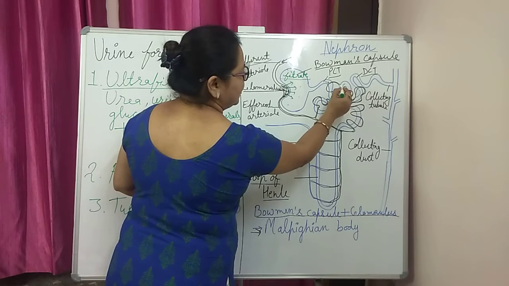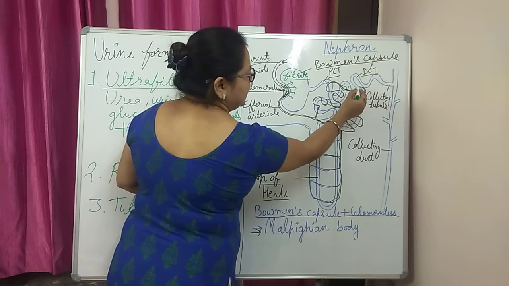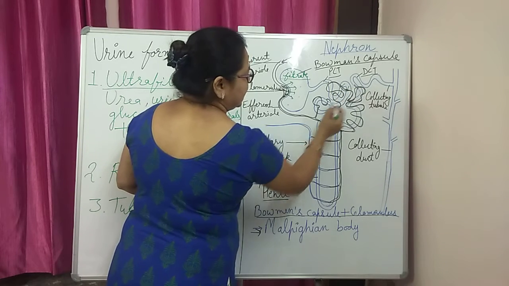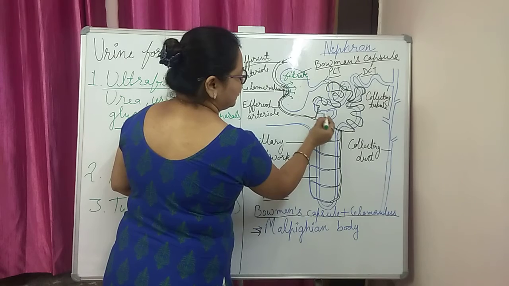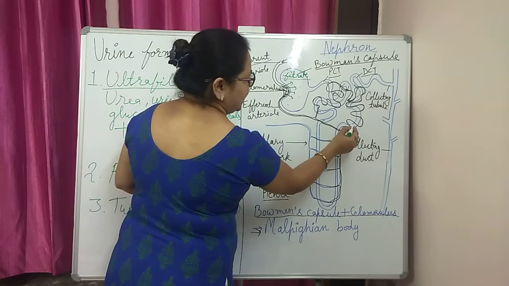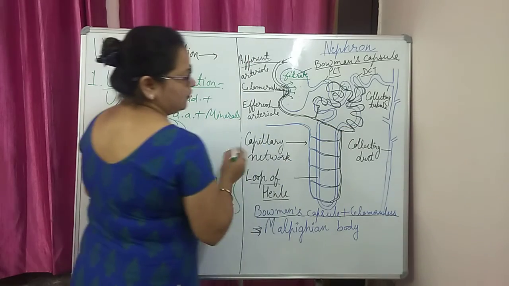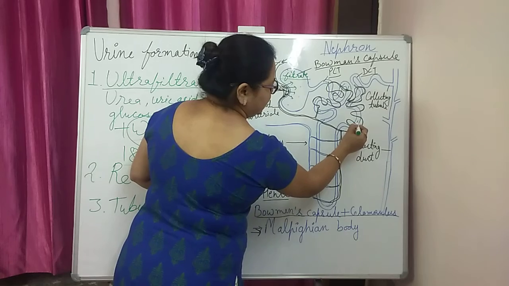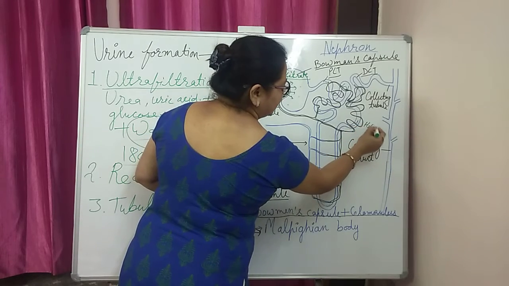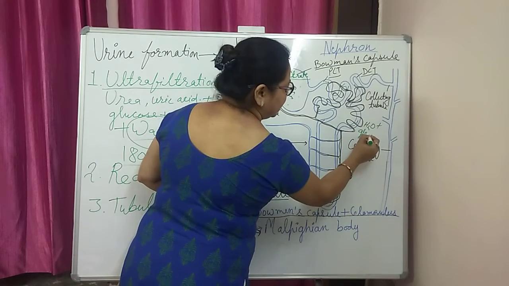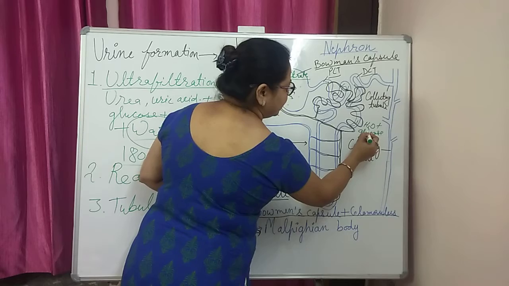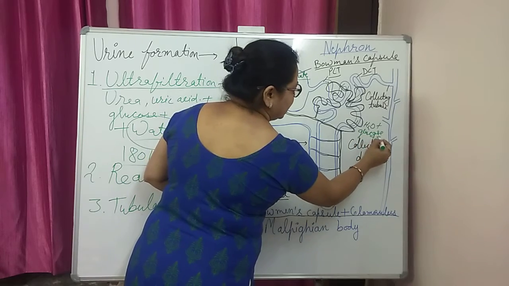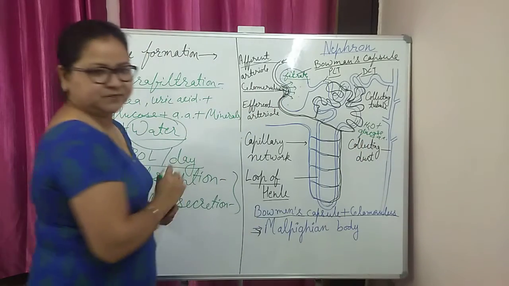So this is called reabsorption. The blood capillary will absorb all the required, all the good material from here. So what is it absorbing? It is absorbing water, glucose, amino acids, etc.